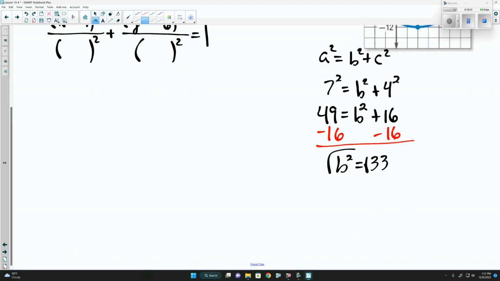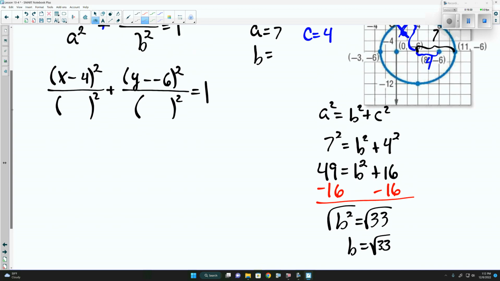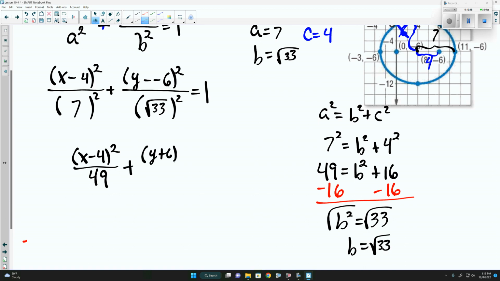And exactly, when we square root both sides, b is the square root of 33. And we can plug this in. When we simplify this, we'll have (x minus 4) squared over 49 plus (y plus 6) squared over 33 is equal to 1.